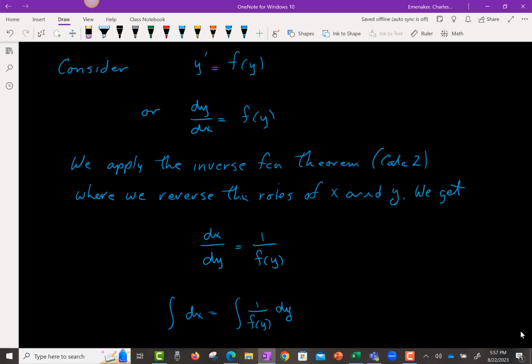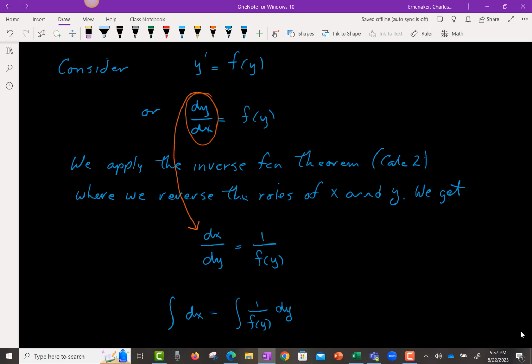All right, how do we solve this? Well, we're going to pull back to some of our information that you should have learned in Calc 2. The inverse function theorem is what we're going to reference at this point. And using the inverse function theorem, we're essentially going to reverse the roles of x and y in the problem. If we reverse the roles of x and y in the problem, it allows us to rewrite this left-hand side as dx over dy.